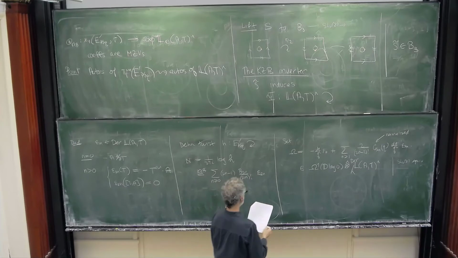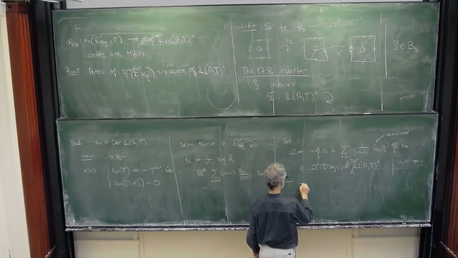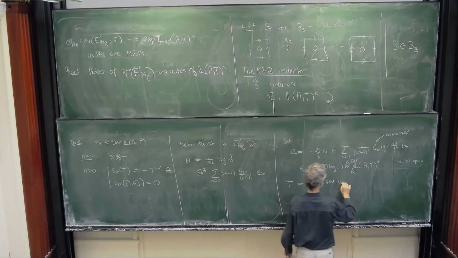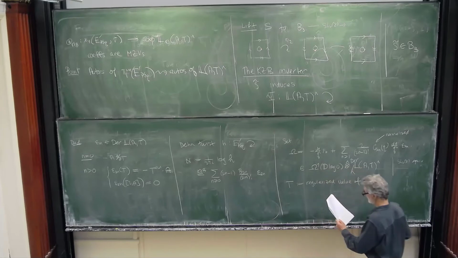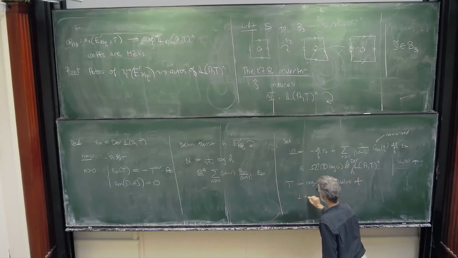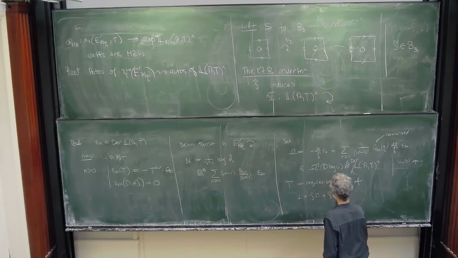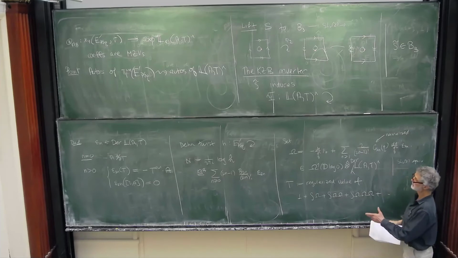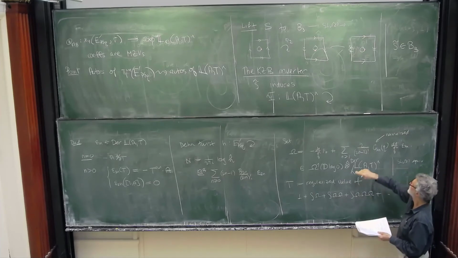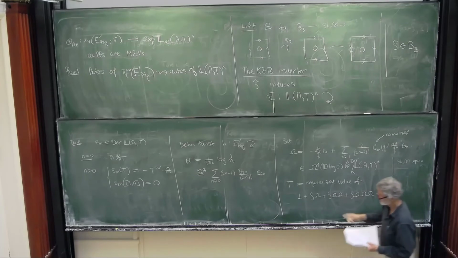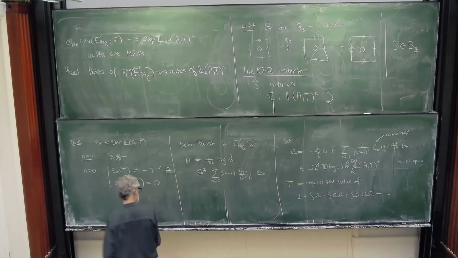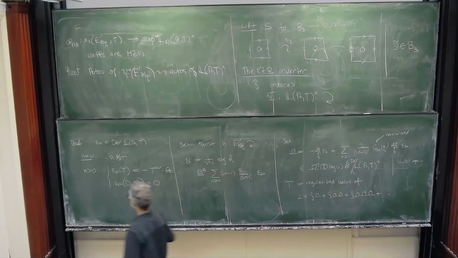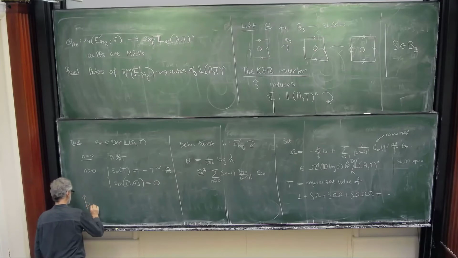Okay, and so what I'm going to let T be is by definition the regularized value of 1 plus integral omega plus integral omega omega plus integral omega omega omega. So this is going to have coefficients which are iterated integrals of Eisenstein series. Back here I should point out there are lots of relations that hold between these. There are Pollack relations.